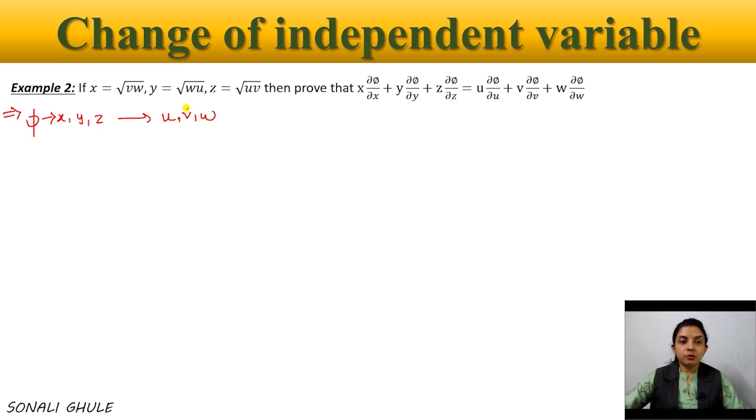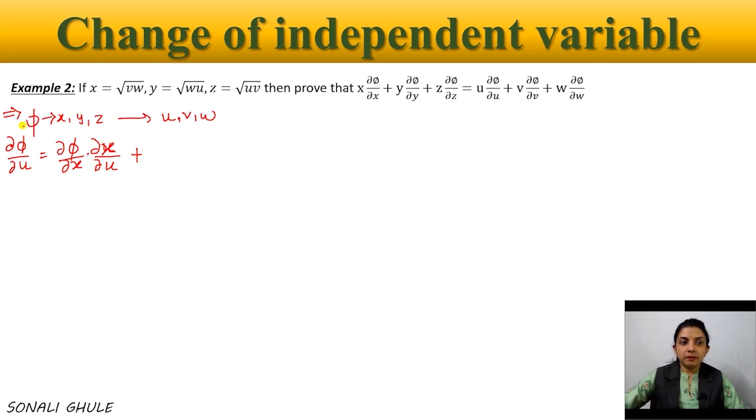Okay. So if I want to find the derivative of phi with respect to u, then what will be the chain rule? See here. First of all, I have to find the derivative of phi with respect to x. Then the derivative of x with respect to u. Okay.